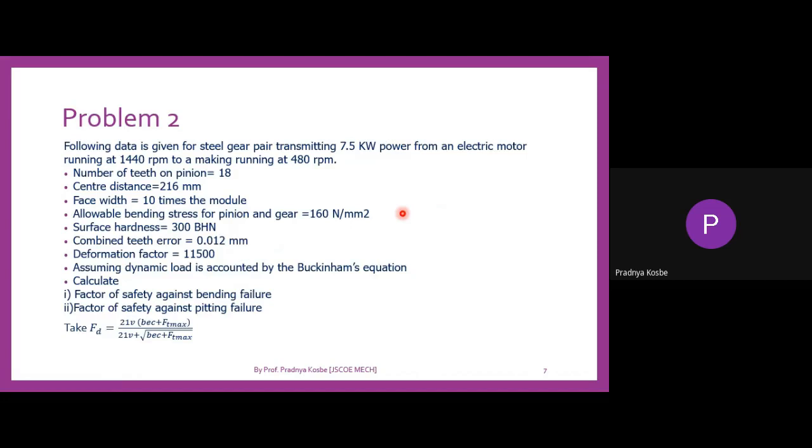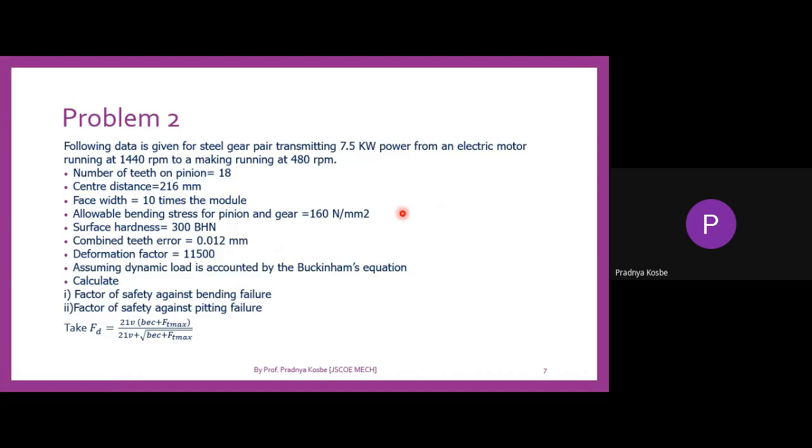It is already given, so no need of calculation. Common mistake student can do over here is that they divide bending stress by 3, that is 160 divided by 3. Though your procedure is correct, but already bending stress is given, why to divide by 3? So remember that while solving the problems, read question very carefully.